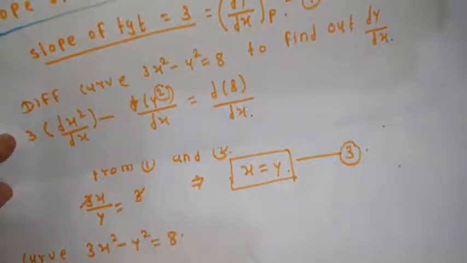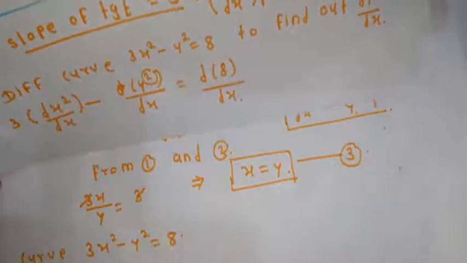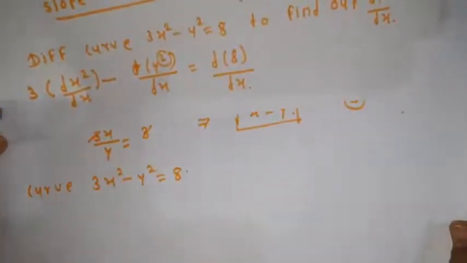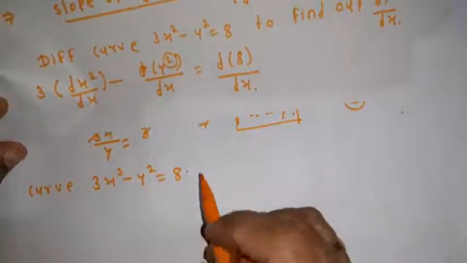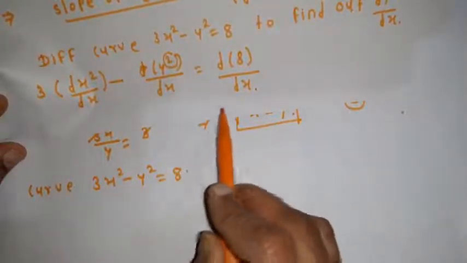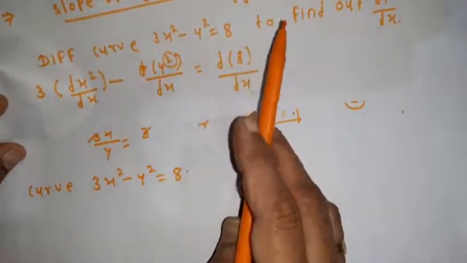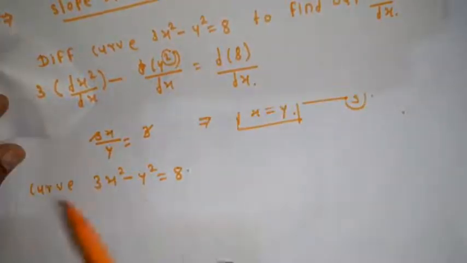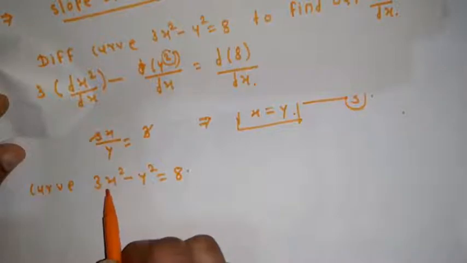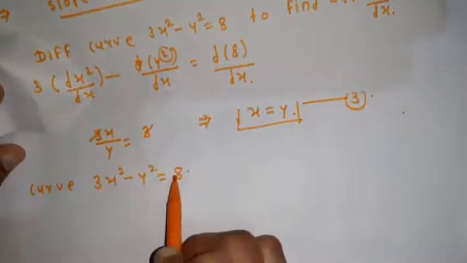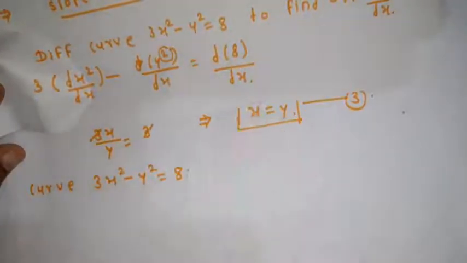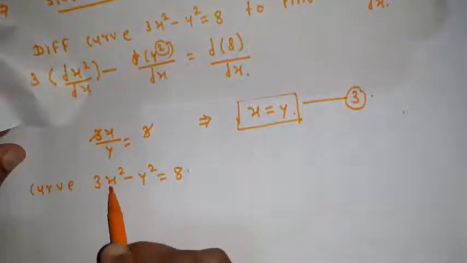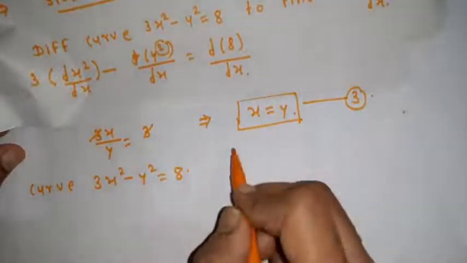To find out equations, we will find out the point P. Point P means coordinates x and y. Okay, so now we have the slope. To find out coordinates, consider the equation of the curve, 3x square minus y square equal to 8. Put the value from 3, that is x equal to y. We will get the point x and y.